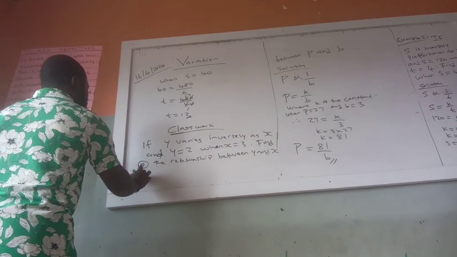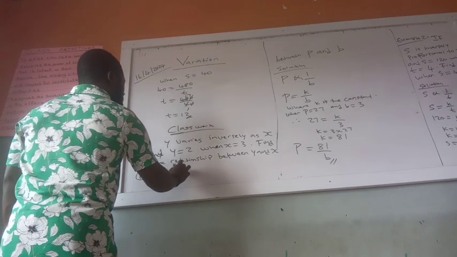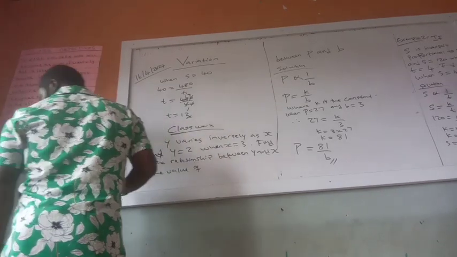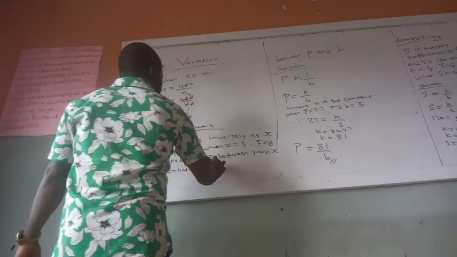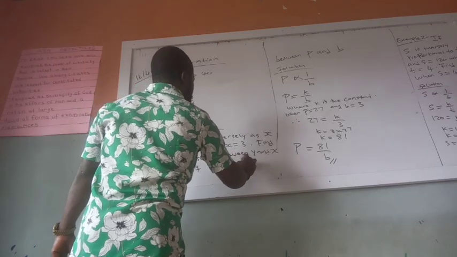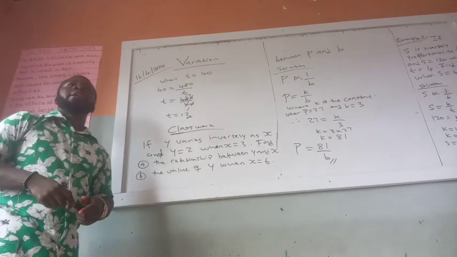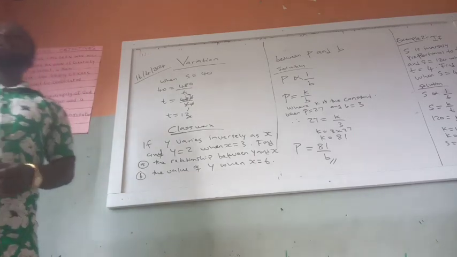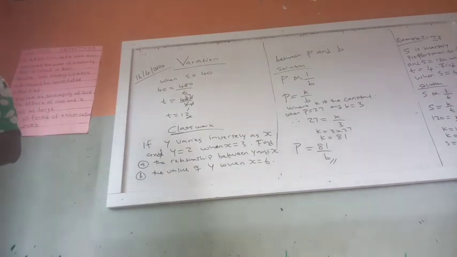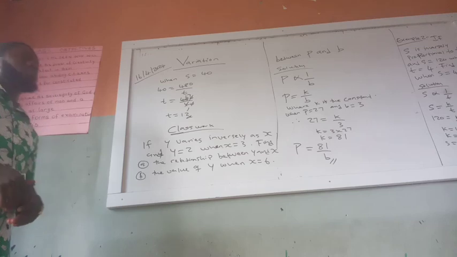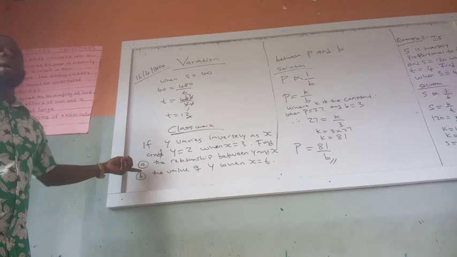Then number 2, B, find the value of y when x equals 6. That's all. It is a likely Becker/WAEC question. For Becker, they will stop there. For WAEC, they will reach there.